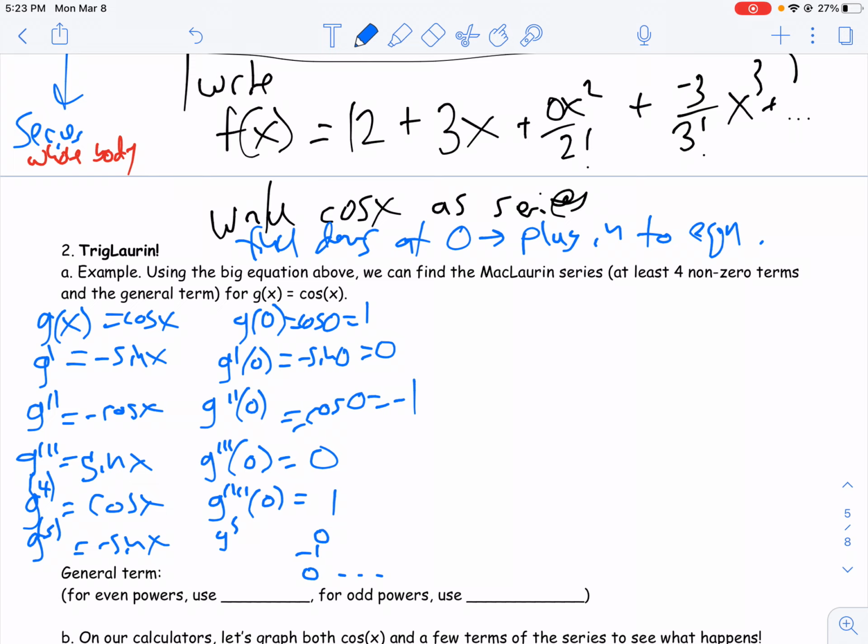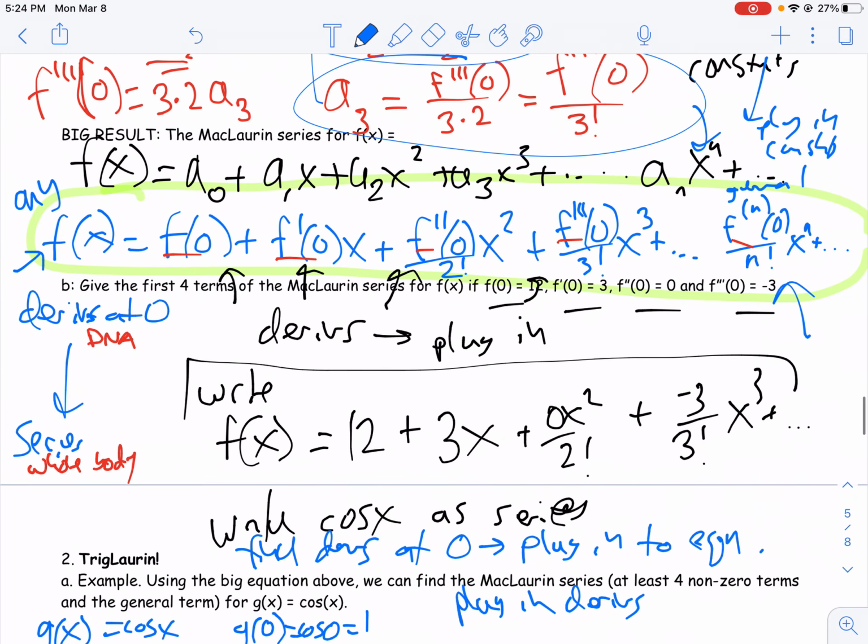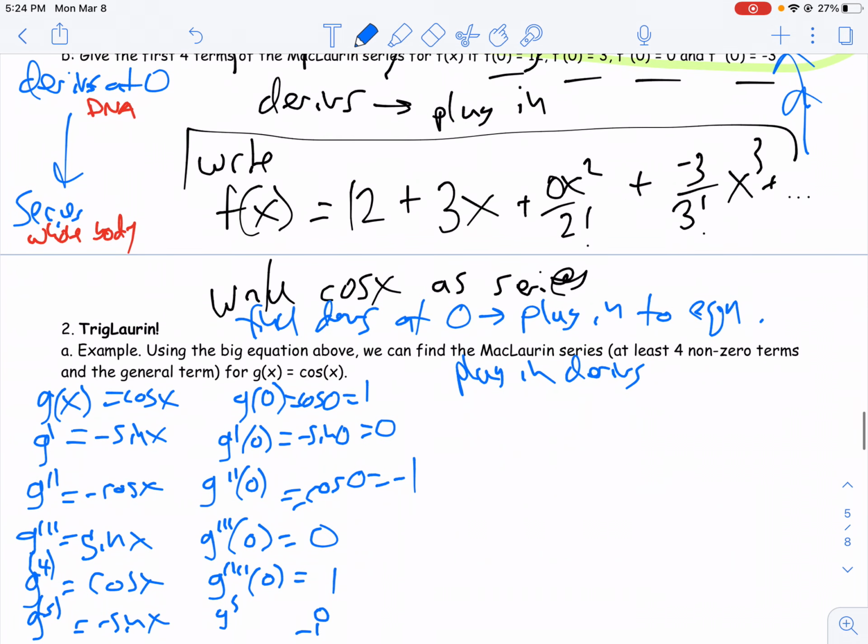Okay, great. So now what I'm going to do is take the derivatives and plug them into this equation. And this is going to allow me to write cosine x as a series. Again, going back to this equation right here. So I'm going to say that cosine x equals, okay, so I do my f of 0 plus f prime of 0 times x plus f double prime of 0, x squared over 2 factorial, and so forth.